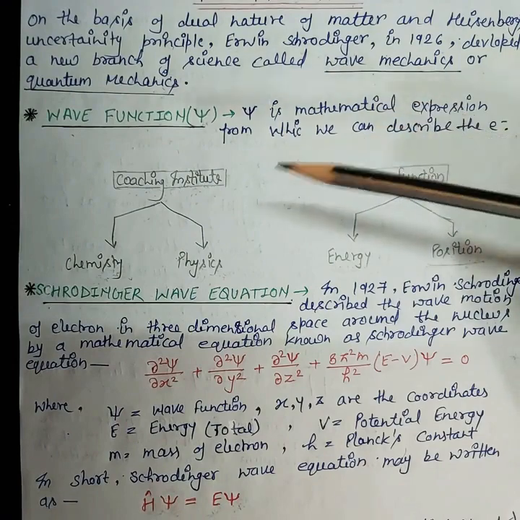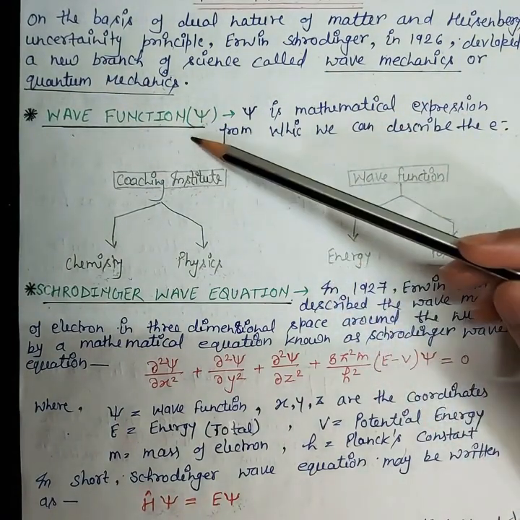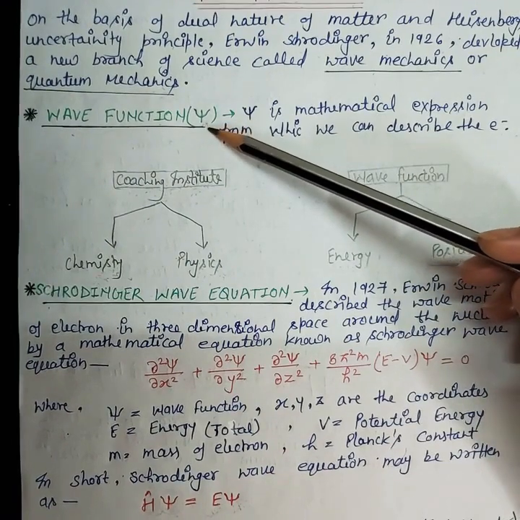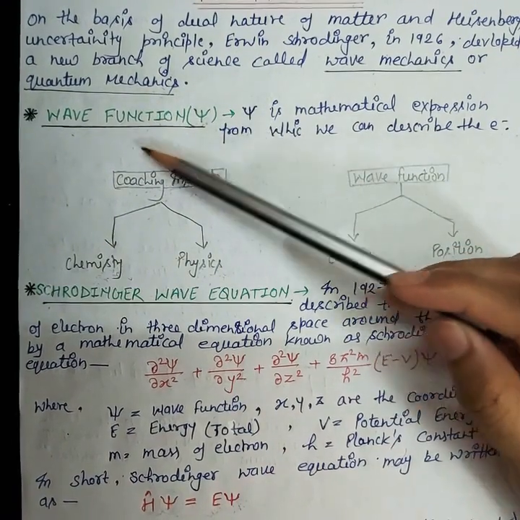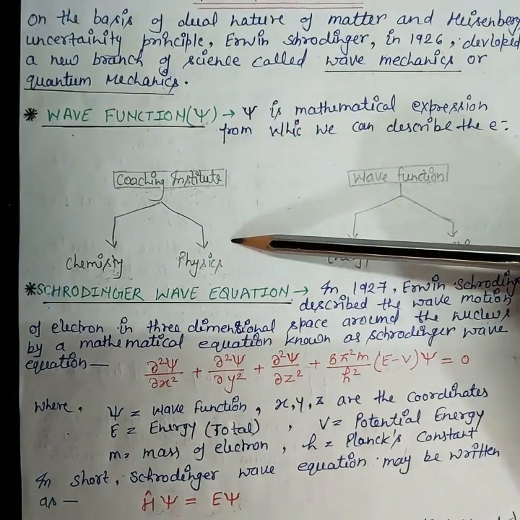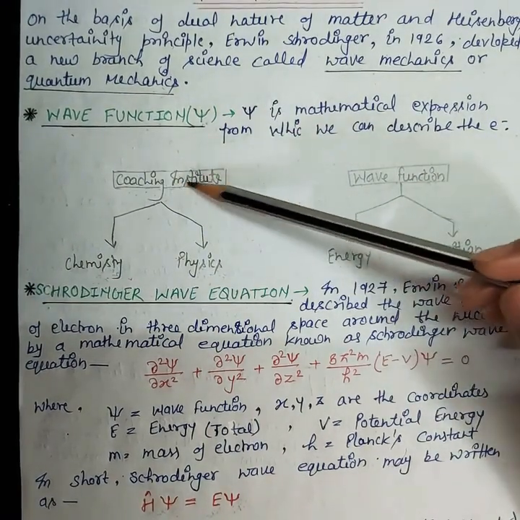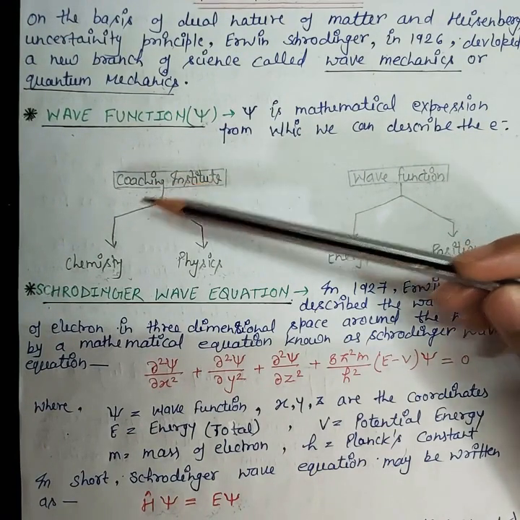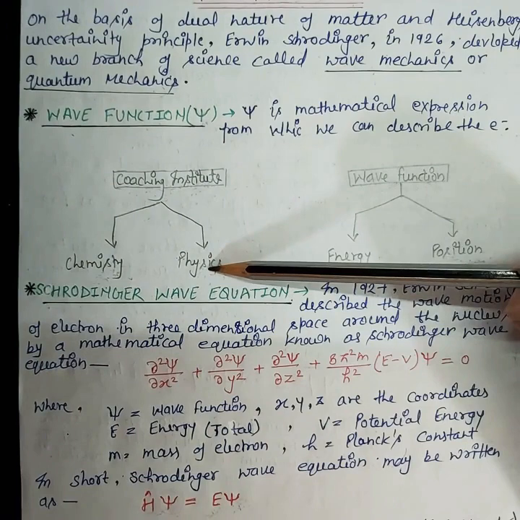Now the next term is wave function. Wave function is represented by the symbol psi. To understand the wave function, let's take an example. Suppose there is a coaching institute in our city which is providing classes of chemistry and physics.